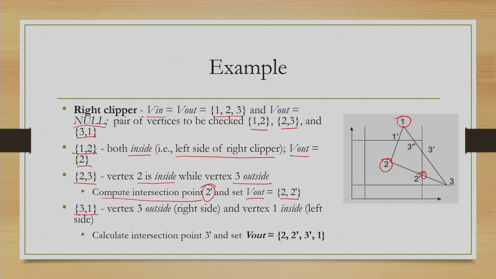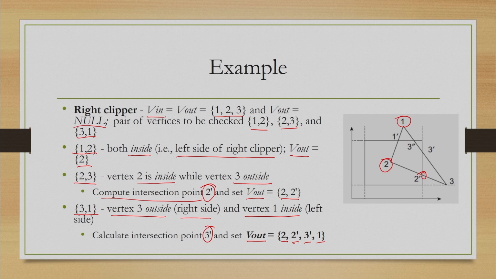Then we check 3 1. Vertex 3 is outside because it is on the right side of the clipper, whereas 1 is inside because it is on the left side. So, here we calculate the intersection point 3 dash and then finalize the output vertex list as 2, 2 dash, 3 dash and 1, because in this case we return 1 also.